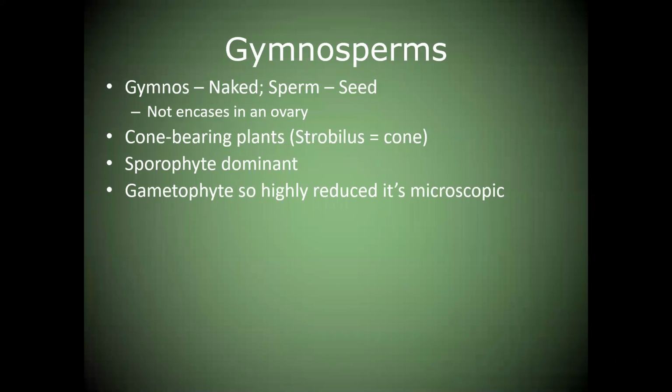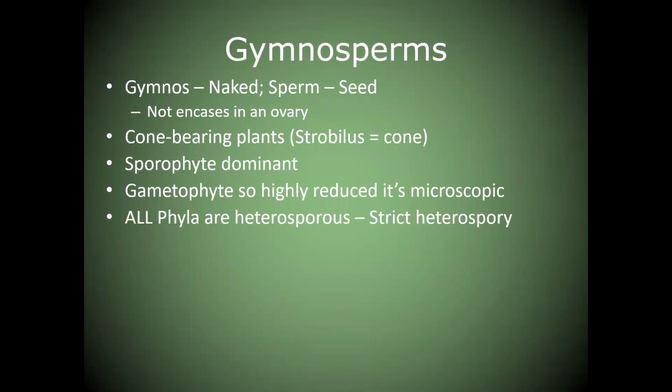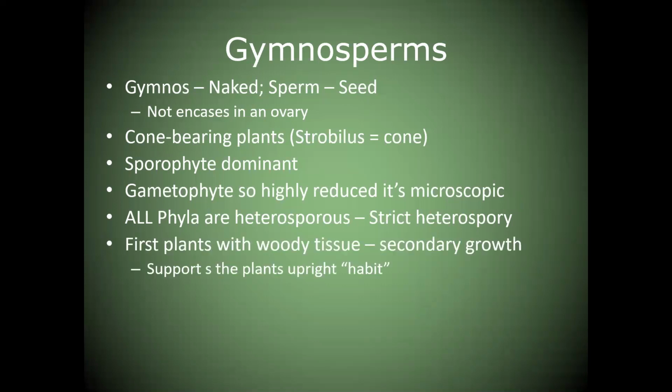It's extremely dominant. Within the life cycle, for 90% and above, you see the sporophyte as the most dominant stage. Gametophyte could be extremely small in terms of its presence. And all phyla of the gymnosperm lineage are heterosporous, producing different spores that lead to production of male and female gametophytes.